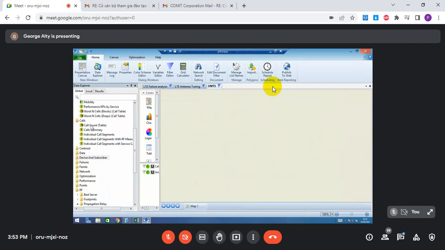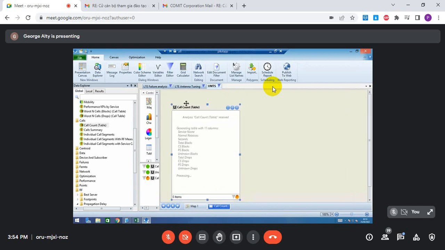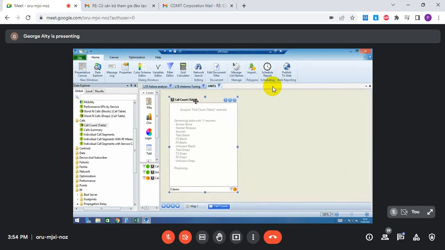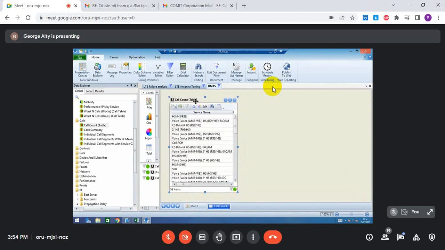Okay, call count, which is a table. Again, a very high-level view of what's going on in my RNC. This will refer data, another way of looking at the network health, if you like. It should produce some results very shortly. There we go.